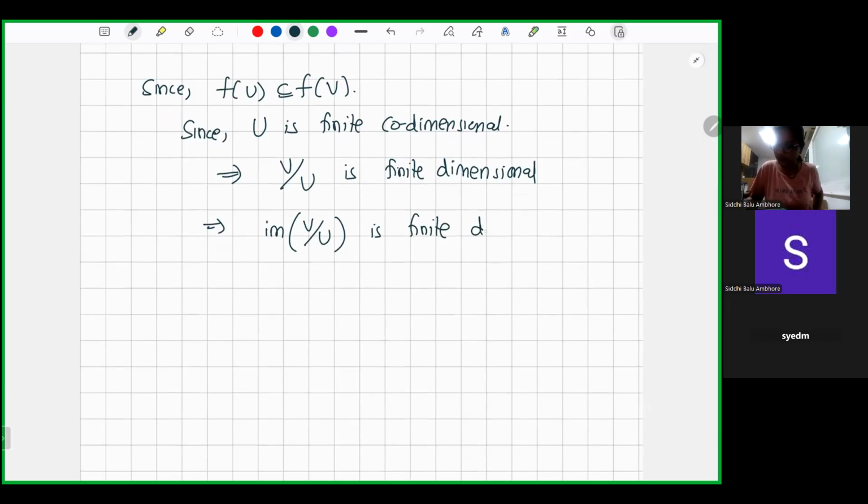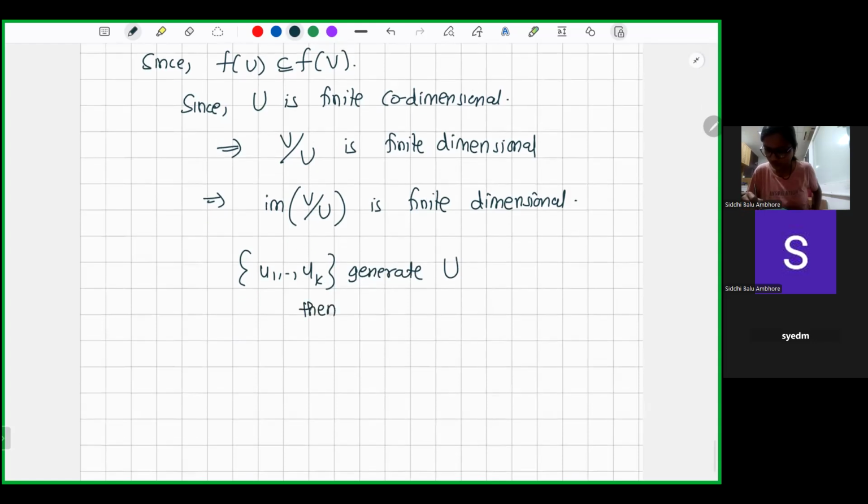Why is this? Because note that if u1 to uk generate U, and f is from U to V, this is completely different thing.